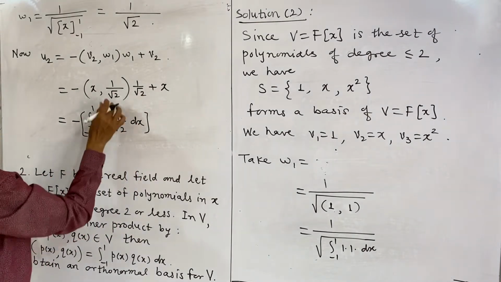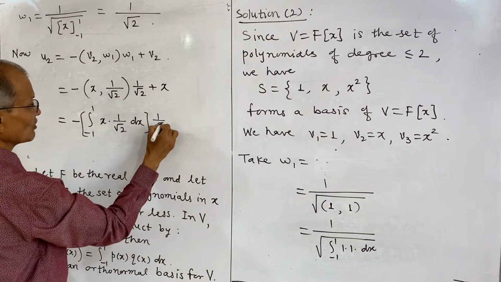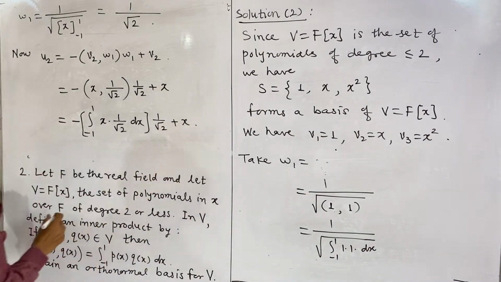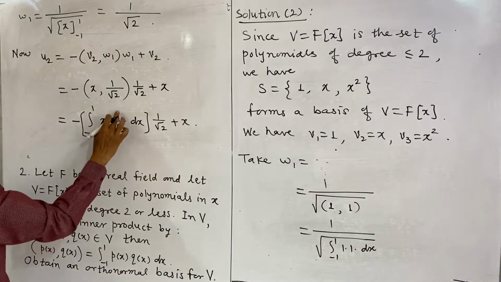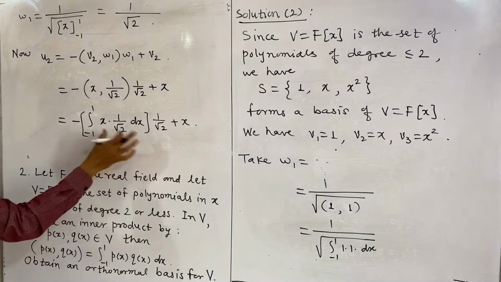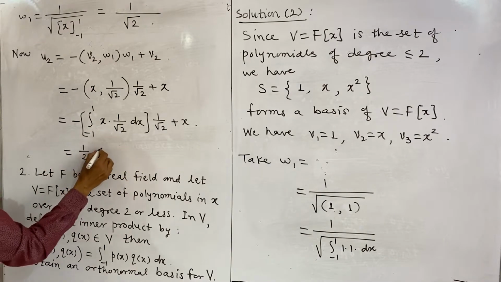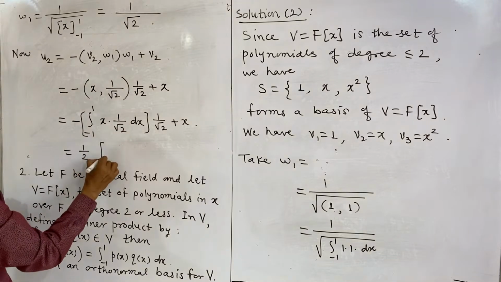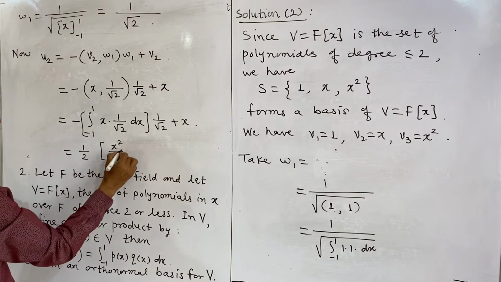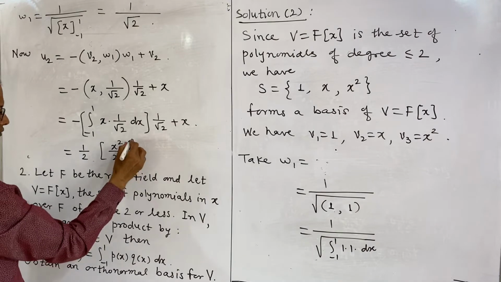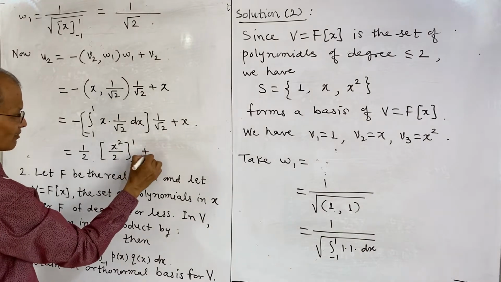I shall write this in bracket, and plus x. Further calculation: 1 by root 2 and 1 by root 2 are constants, and that will be 1 upon 2. Integration of x dx is x square by 2. The limits are minus 1 to 1, and plus x.